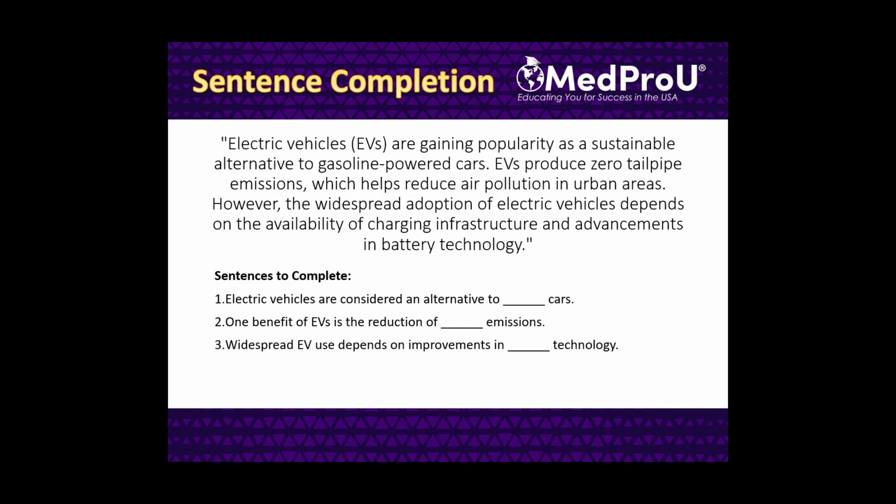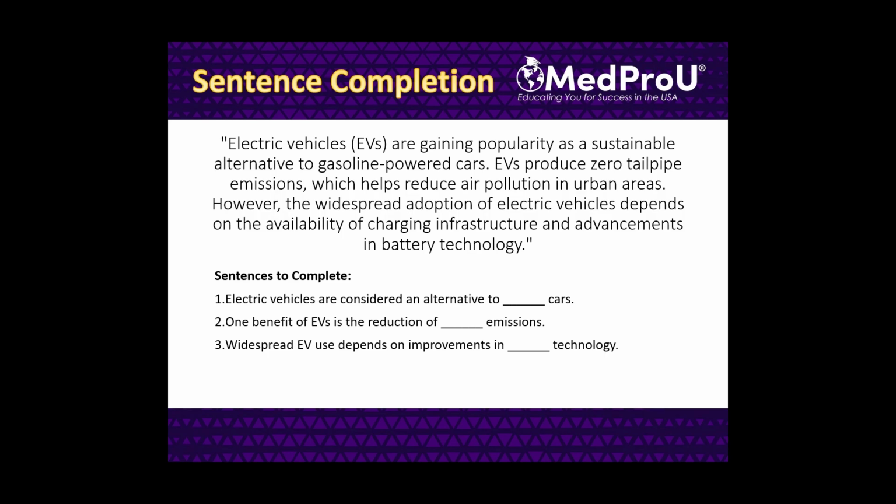Number two, one benefit of EVs is the reduction of blank emissions. So number two, what is the answer? It's tailpipe.